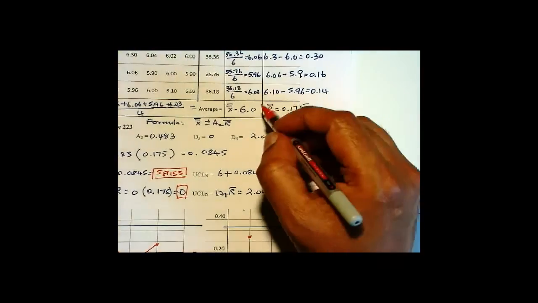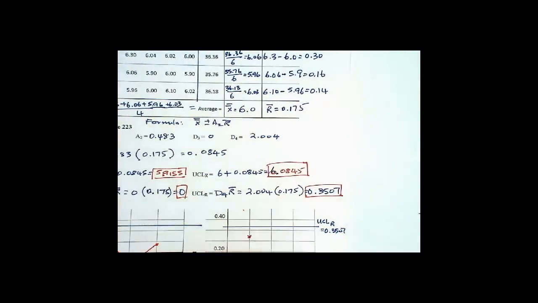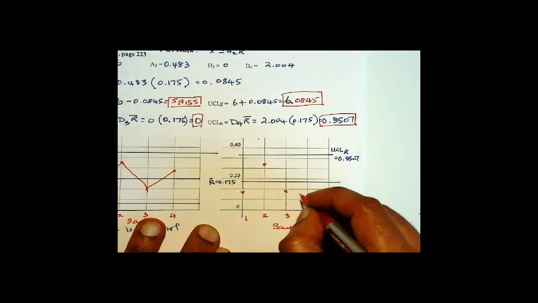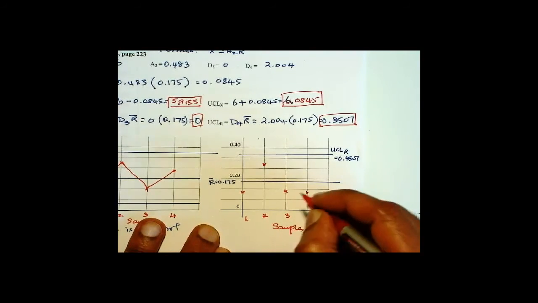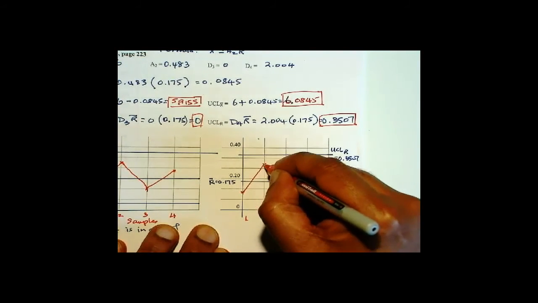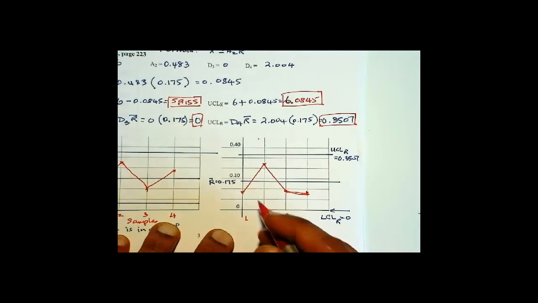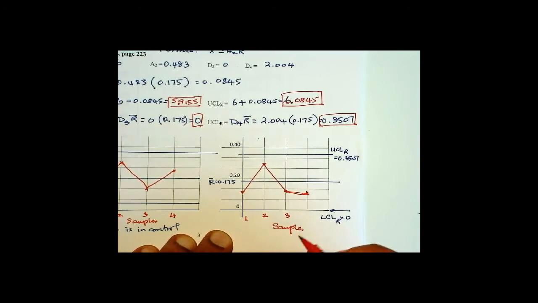And the fourth one is 0.14, so that will be about there. So connect. Again, all points are within the control limits, so you can say the R chart is in control.